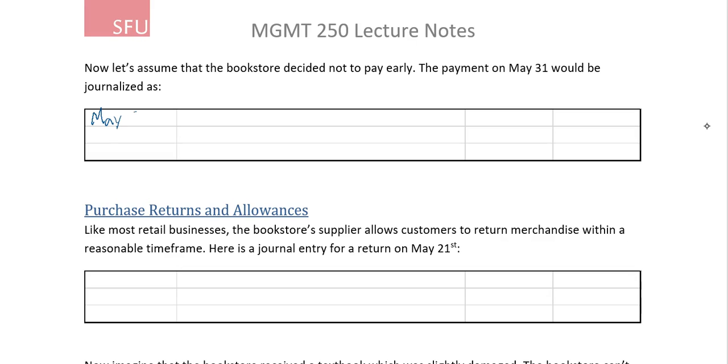So this will be a journal entry which is pretty straightforward. Once again, we will debit account payable for the full amount, as we no longer owe our supplier this money, but we only have one credit account in this journal entry, which will be cash, as we will pay the full amount.